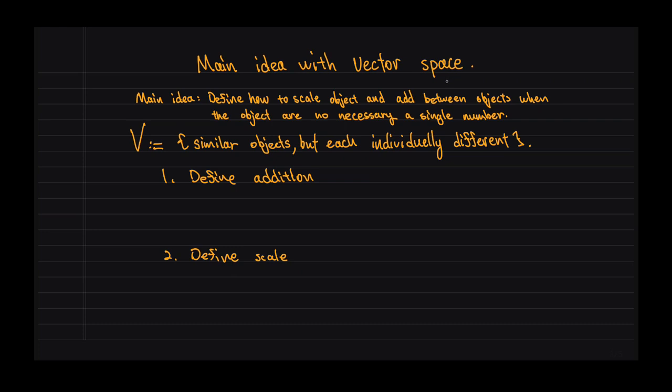The main idea is that sometimes we don't always work with a single number. Sometimes we work with an object. We need to find a good way to scale the object and get another similar object. And we need to find a good way to add the objects together and get another similar object.